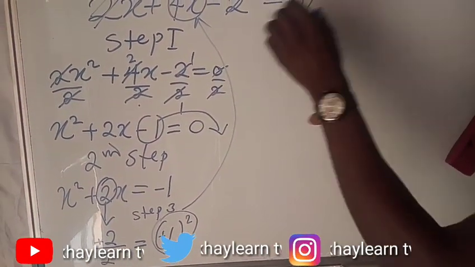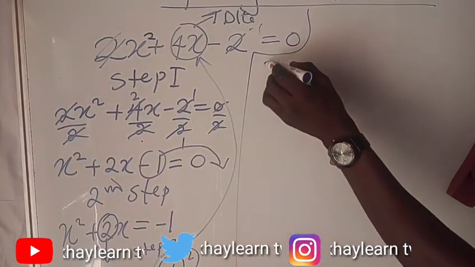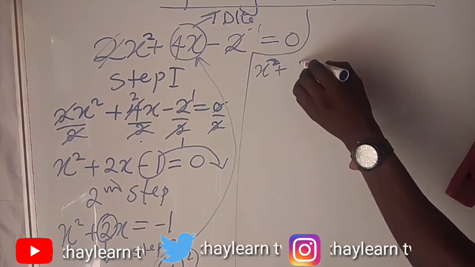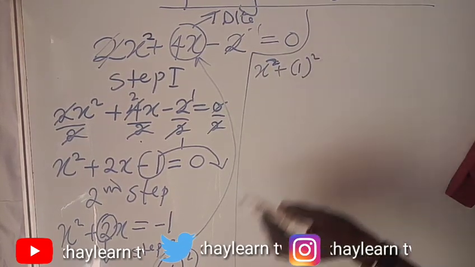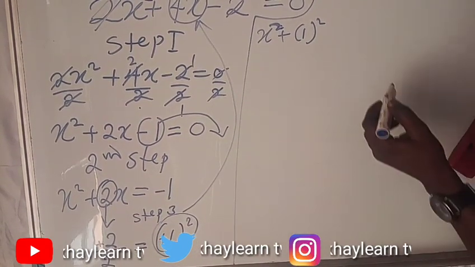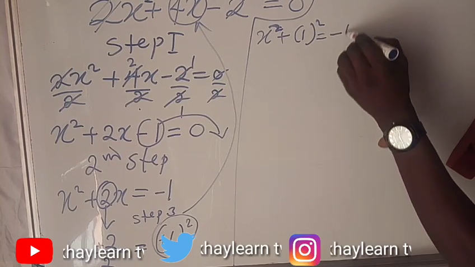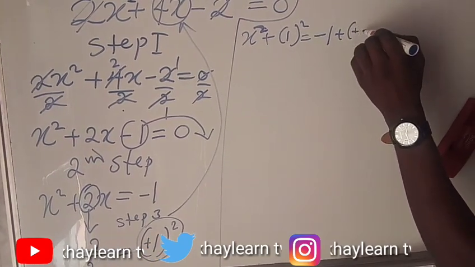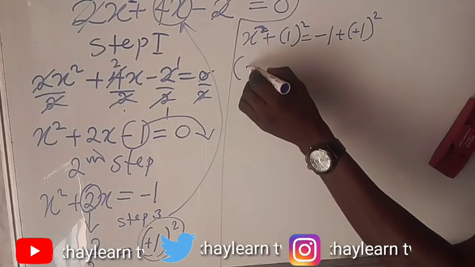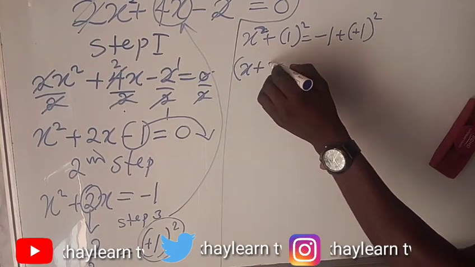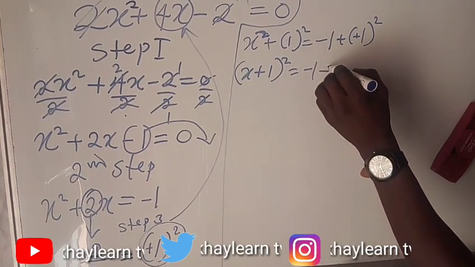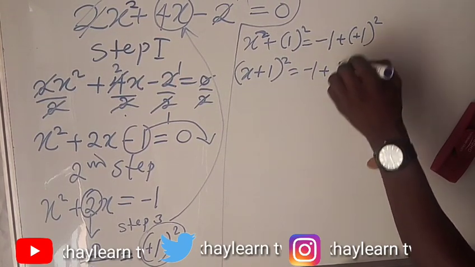So what we have is x squared plus 1 squared, gotten from the division of the coefficient of the middle term, then equals negative 1 plus 1 squared.